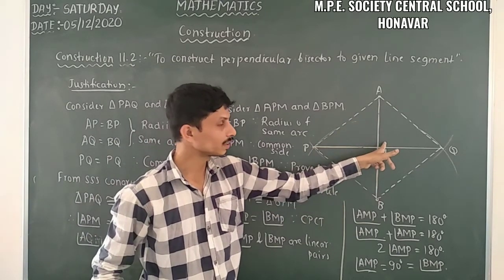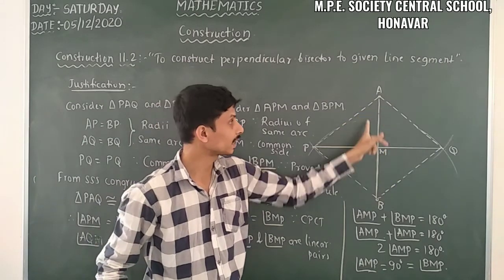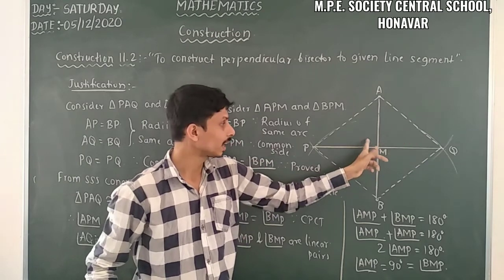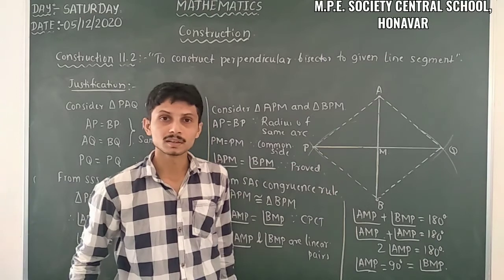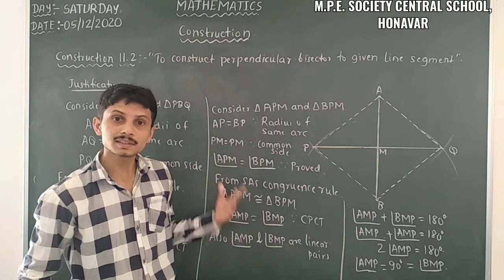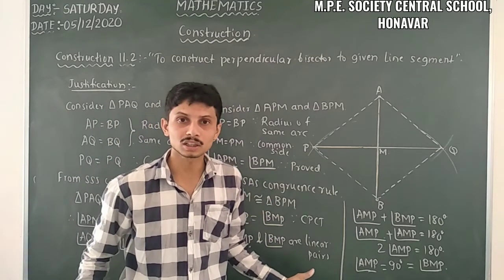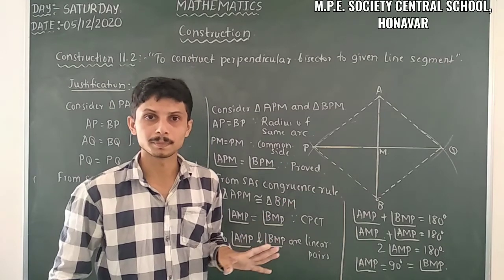From this, using vertically opposite angles, angle AMQ is also 90 degrees, and angle BMQ is also 90 degrees. So this is the justification when you construct the perpendicular bisector of a given line segment.